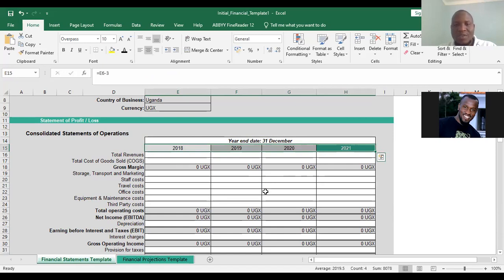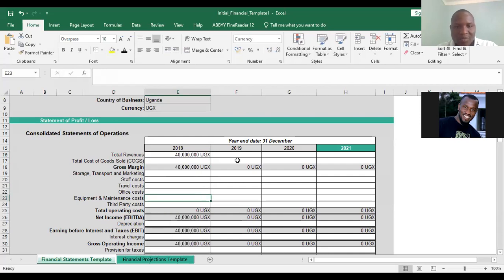So if you have records of 2018, you just put here, what are your total revenues? So I'm just going to assume some numbers for purposes of us understanding. I'll say in here, I registered and started operations in 2018. In 2018, at the end of the year, maybe I made 40 million.